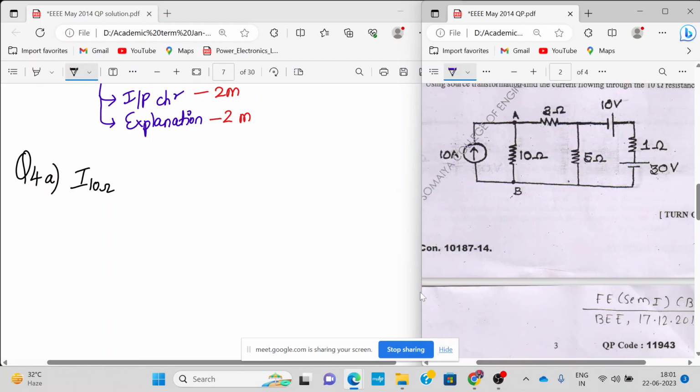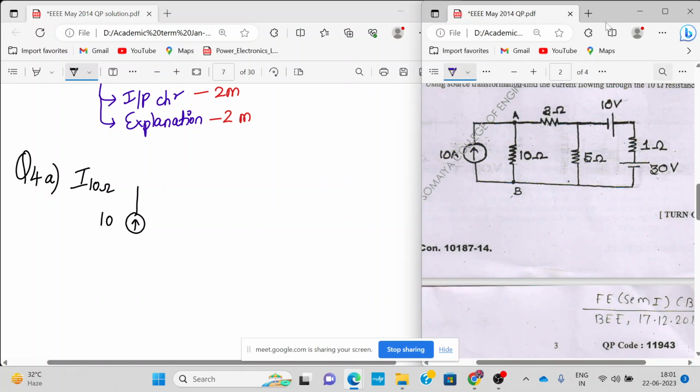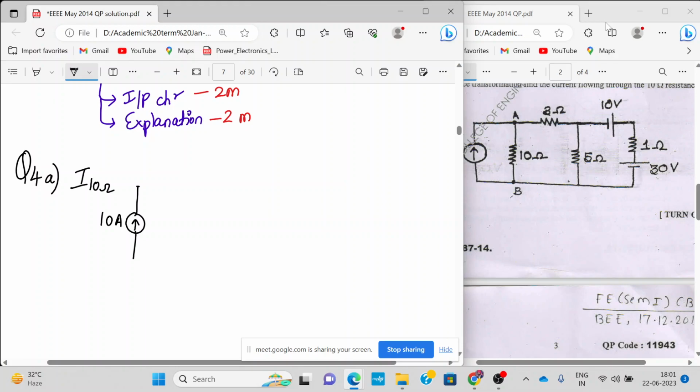Okay, so let me redraw the circuit over here. This is how much? 10 amperes. This is 10 ohm resistance. 2, 5.